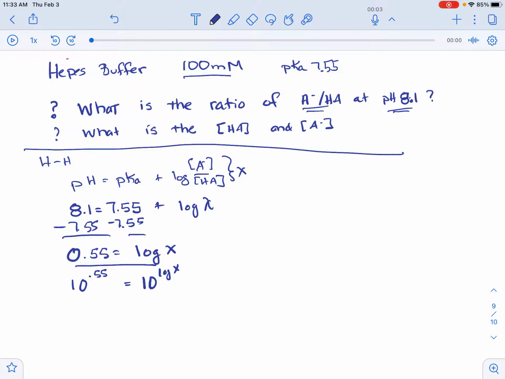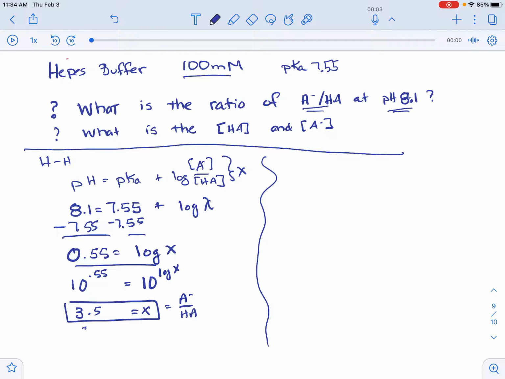And when we do that, x is on the right and 3.5 is on the left. And that is our ratio of A minus to HA. And remember I said in the beginning I expect it to be greater than 1, and it is. It's 3.5.